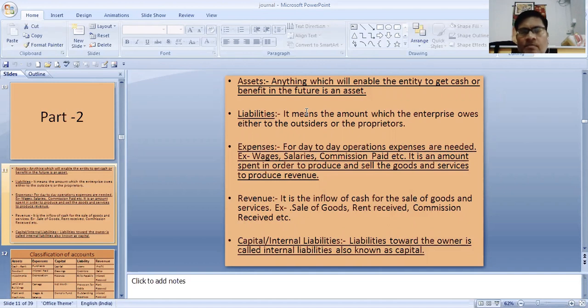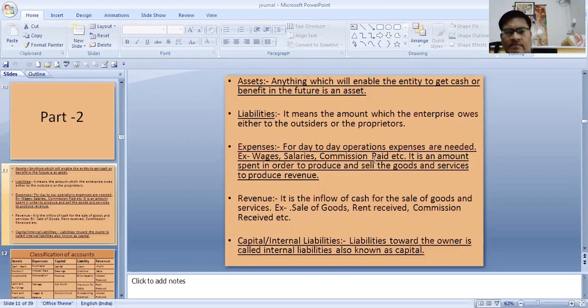Now, what are assets? Anything which gives us benefit, which helps the business to generate cash in the future, is known as an asset. That means those investments through which the business gets profit. Then, what are these investments?